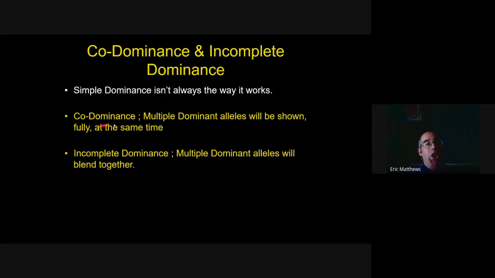So that is codominance. Now, incomplete dominance is a much easier route for us to understand. So incomplete dominance is going to be more than one dominant allele again, but now when they meet, instead of being 2 separates, they blend and they create this new trait.